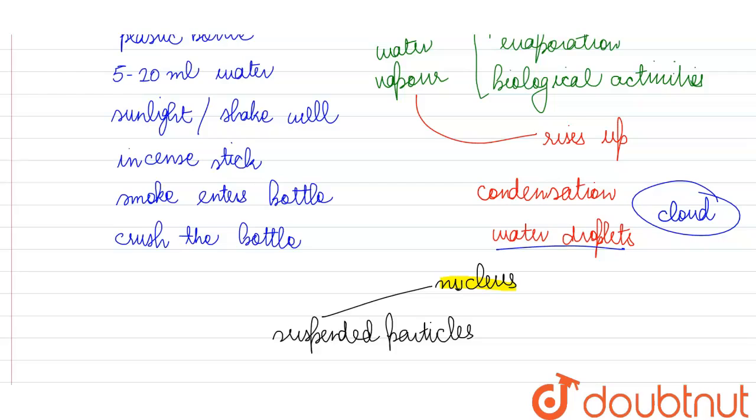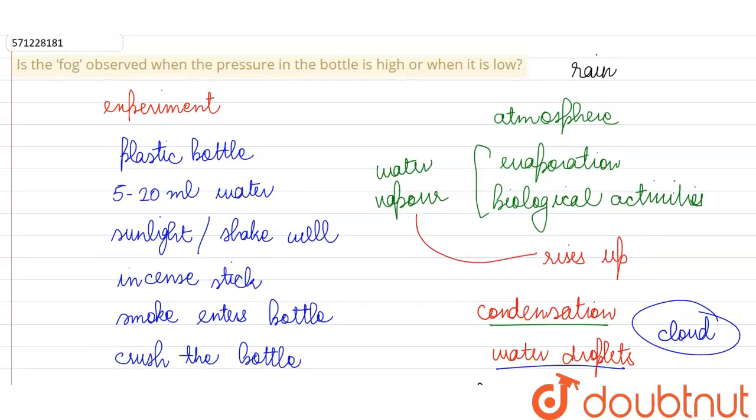And we all know such a mass of water droplets, which is formed by the condensation of water vapor, when this mass becomes big and heavy, it comes back to the land in the form of precipitation, whether it is rainfall, snowfall, hail, whatever. So, very simply we have tried to explain the process.